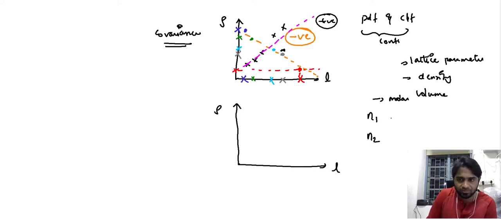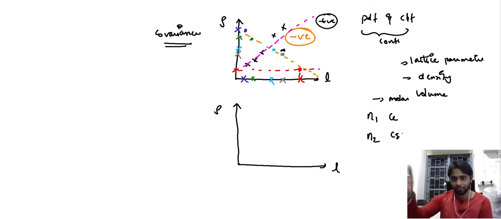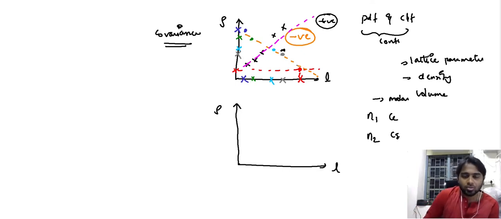Let us assume that this is a cerium alloy and this is a cesium alloy. Again, these are new alloys that relatively few people are interested in. So we are working on the cerium and cesium alloys, with one N1 population of cerium and the N2 population of cesium. So now the lattice parameter and the density of the N1 alloys are represented by these points here.